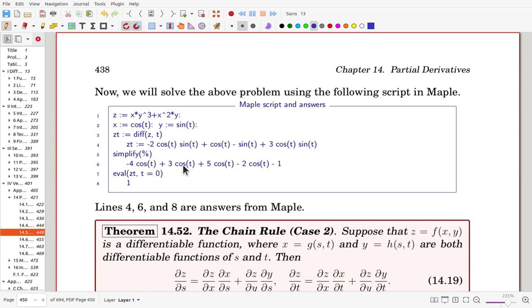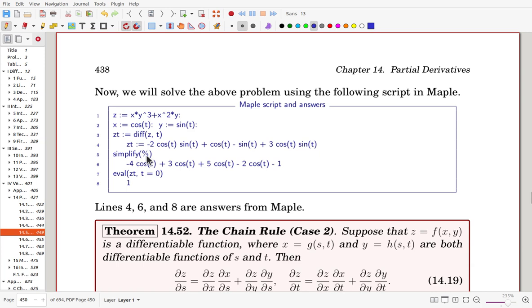We may solve a problem by using computer algebra. This is a Maple script, and z is defined, and x and y are defined as functions of t, and we make the derivative of z with respect to t, then that is output, and we can simplify, and this is the value.